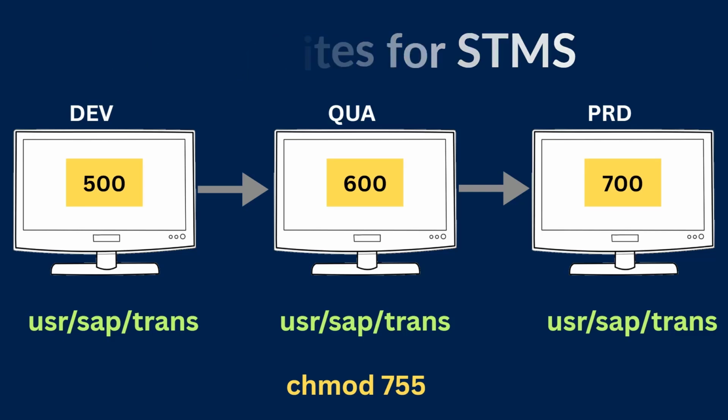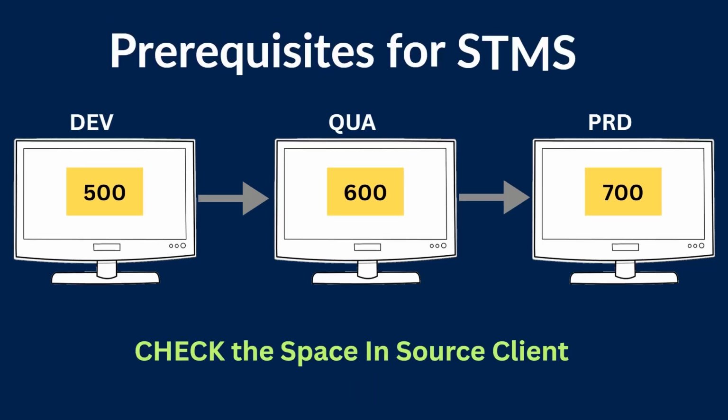One more prerequisite, which is one of the most common prerequisites for client administration and not only for STMS, is that we should check the local client copy as well as the remote client copy and client export/import. We should check the source system client space, meaning the space of the client we are going to copy or export from one client to another client.